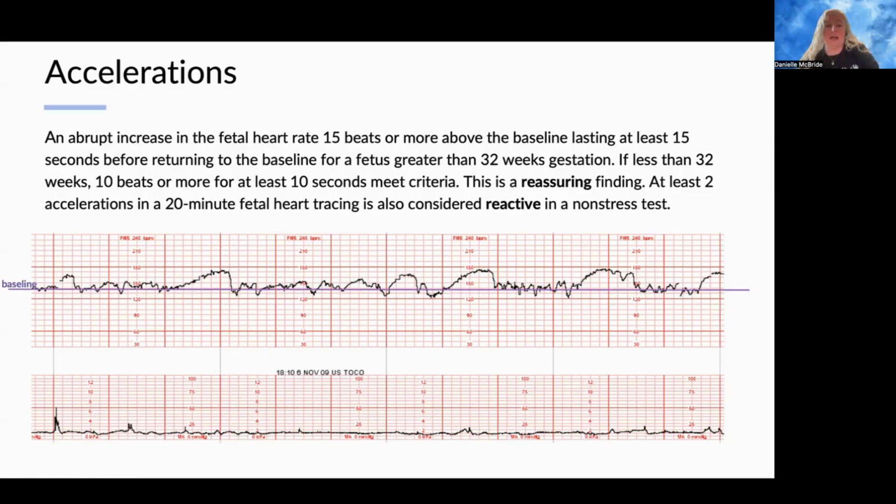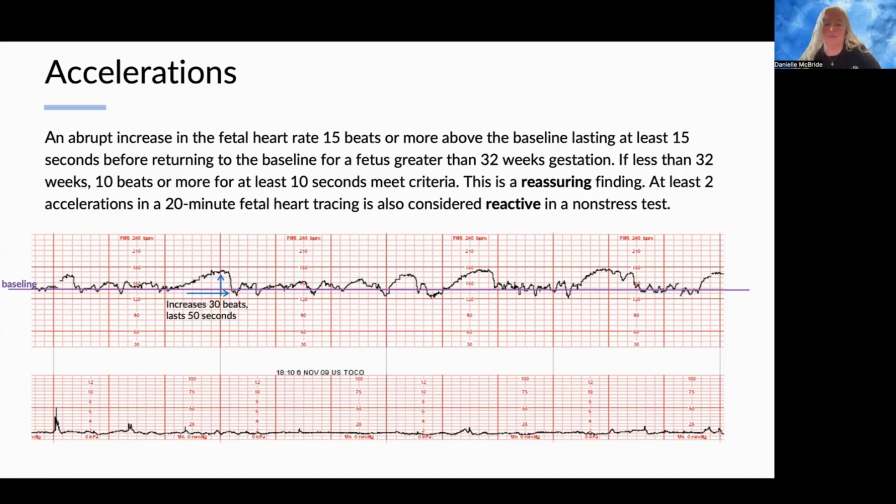So if we have an increase here from the baseline, 10, 20, 30 beats, and it lasts 10, 20, 30, 40, 50 seconds, that's more than 15 beats of an increase, and it's more than 15 seconds. So this is an acceleration.